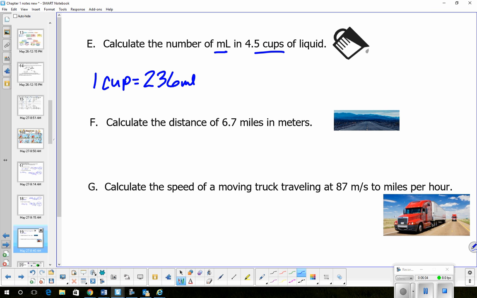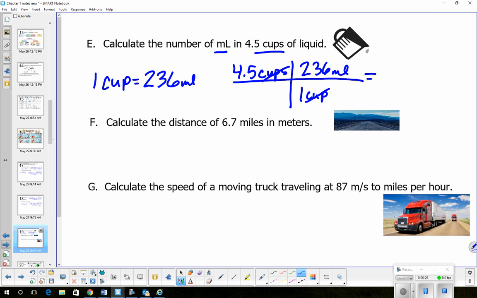Okay, so now we're going to start with our 4.5 cups. I want to get rid of cups, so it goes on the bottom. And I want to get to milliliters, so it goes on the top. And I'm going to cancel it out. I would times through the top.